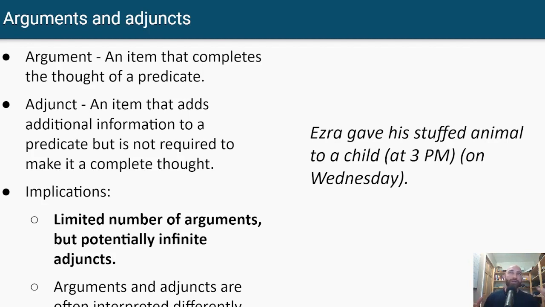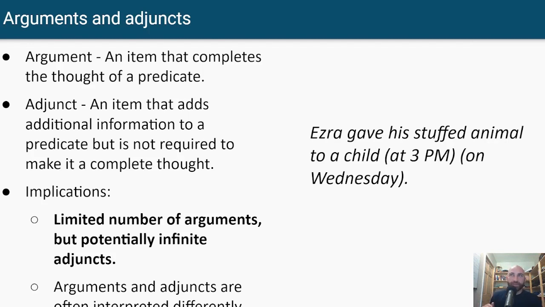But in reality, we understand the sentence "Ezra gave" as still having those arguments. Those participants are still there. So that's the key: even if they're not there phonetically, they are there logically. The logical form for give always has those three components: the giver, the recipient, the thing given, even if sometimes in the phonetic form we don't see that.